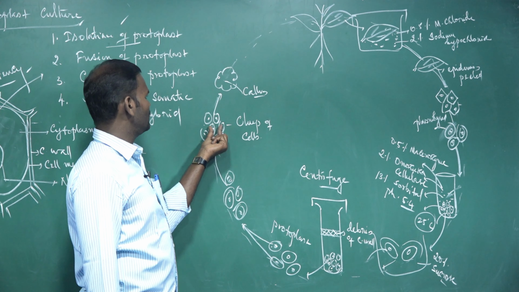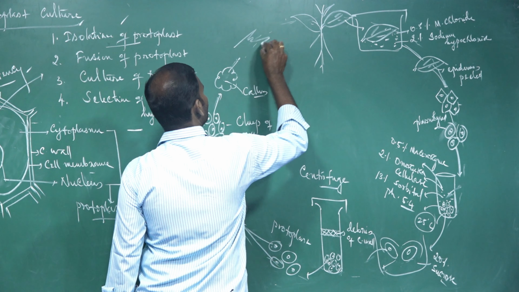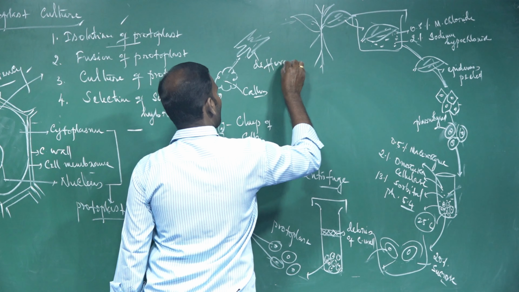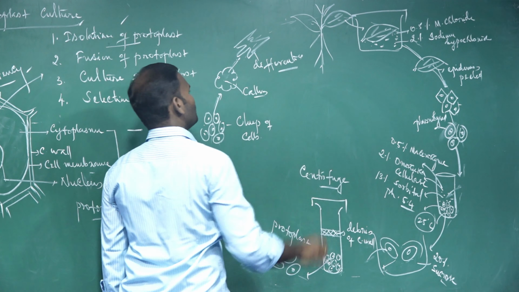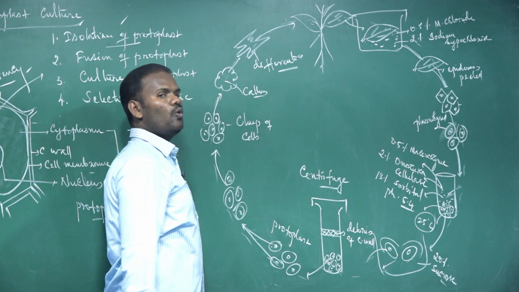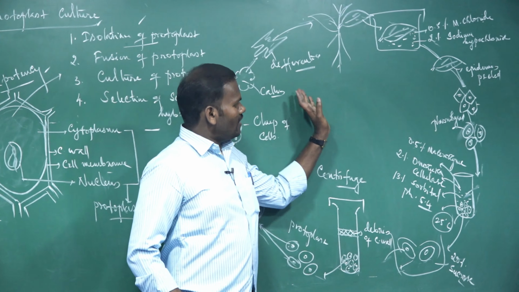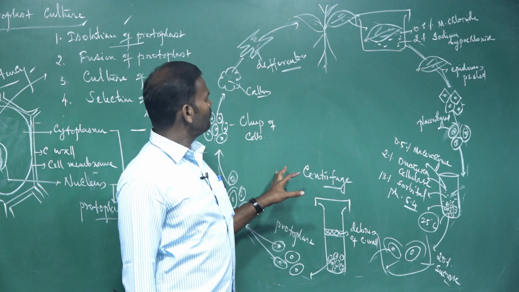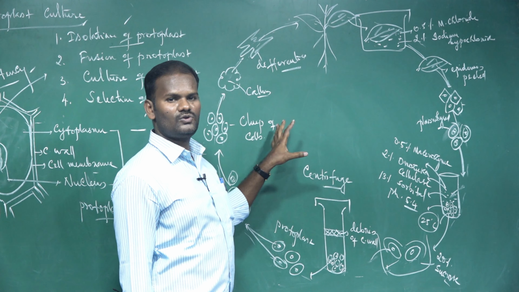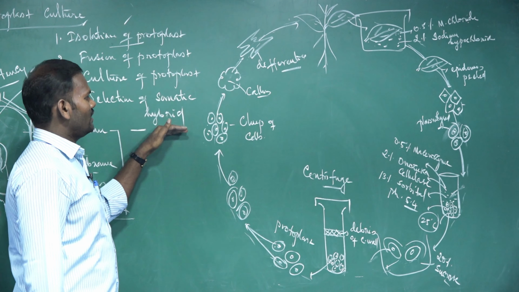Somatic cells are fused together to form callus. The callus gets differentiated under the influence of auxin and cytokinin, and regenerates into a whole plant body. These are called protoplast cultures: the isolated protoplasts have the ability to develop into the whole plant body, the entire organism. So these are the steps involved.